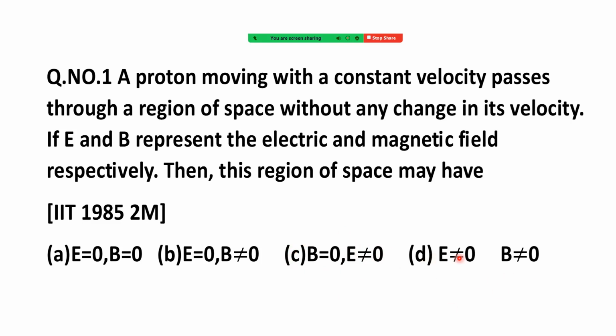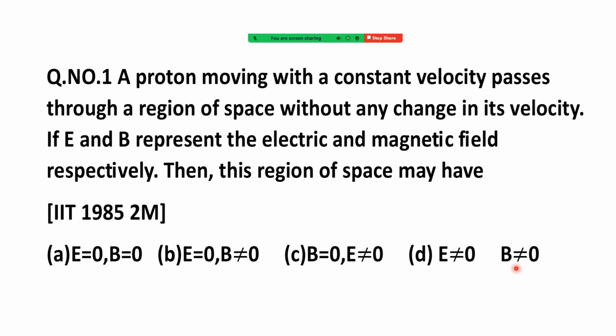And see last option, both vectors are non-zero, means both fields are present. So just now we have discussed, right? E bar plus V bar cross B bar equal to 0 bar. This is possible. Means except C, remaining three options are possible. So like this, we can expect some simple theory questions, basing on the concept.